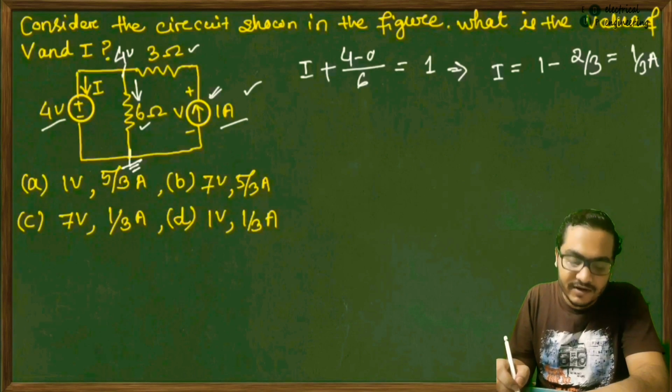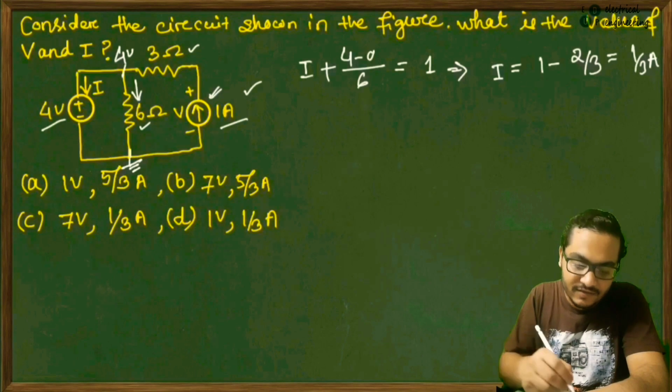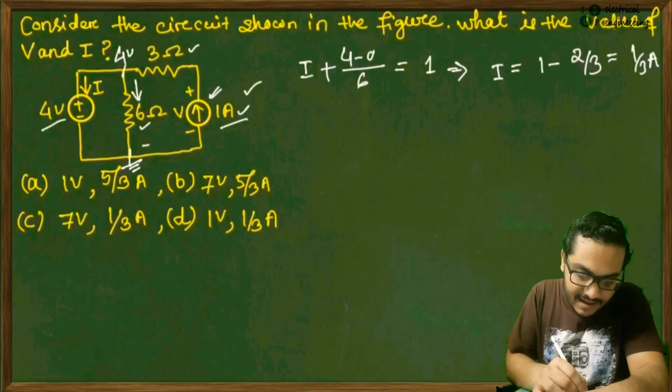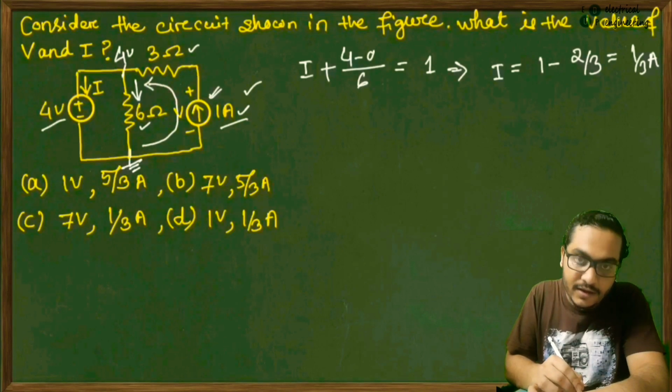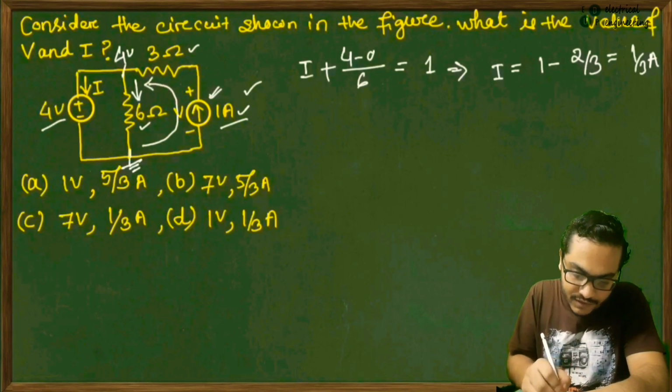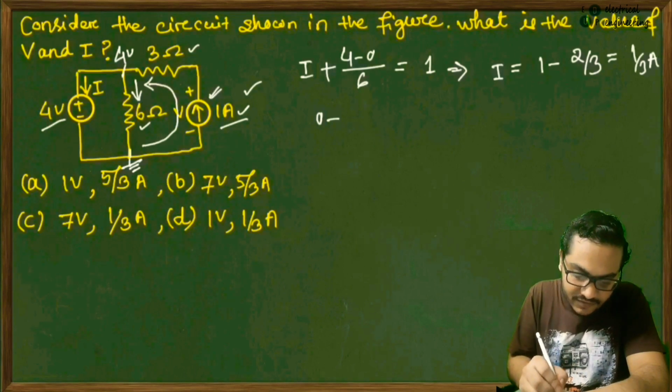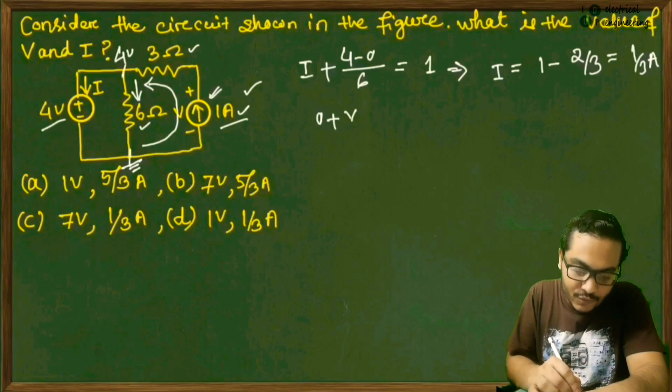Now let's calculate the value of the voltage V across this 1 ampere current source. Let's apply the KVL in this closed loop. Here this is 0 as this is ground, minus, this is plus V, because we are moving from negative potential to positive potential.